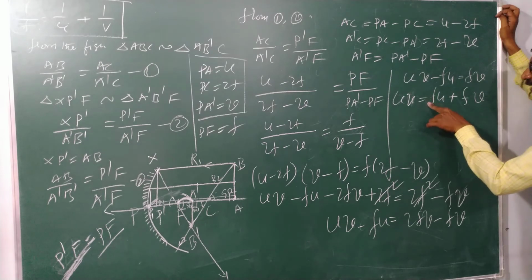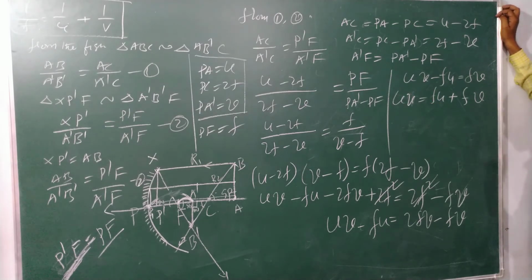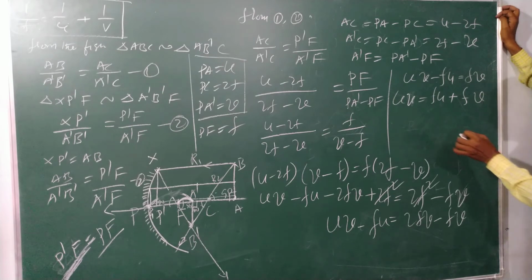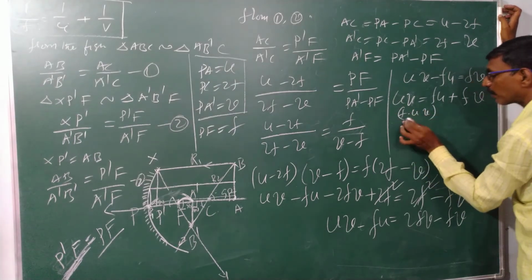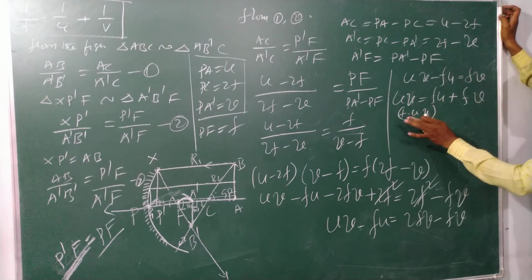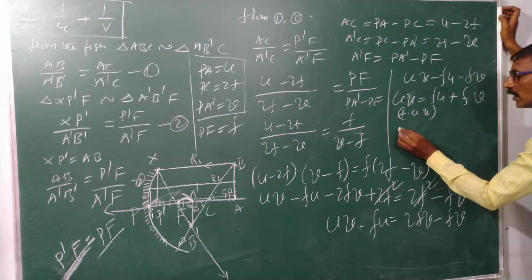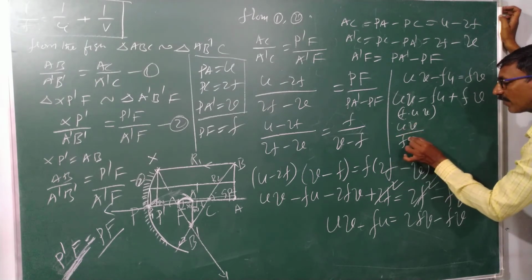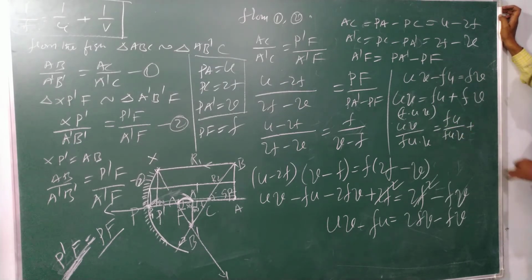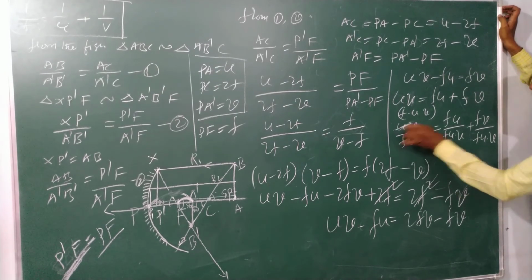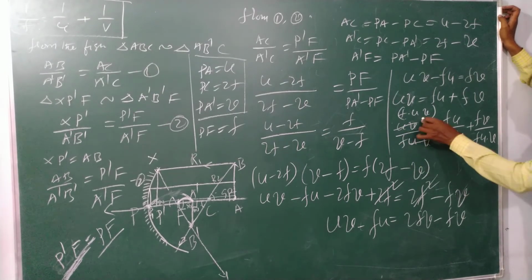Now I would like to divide by F into U into V on both sides. So UV by F U V is equal to FU by F U V plus FV by F U V. UV gets cancelled, one time.